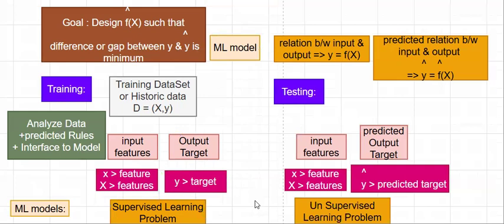Let's say I am providing a cat, but such a cat photo was not used while training. I'm not even labeling where the face of the cat is. I just provided the cat photo. In that case, our ML model needs to classify, or cluster, the given input into a specific category.